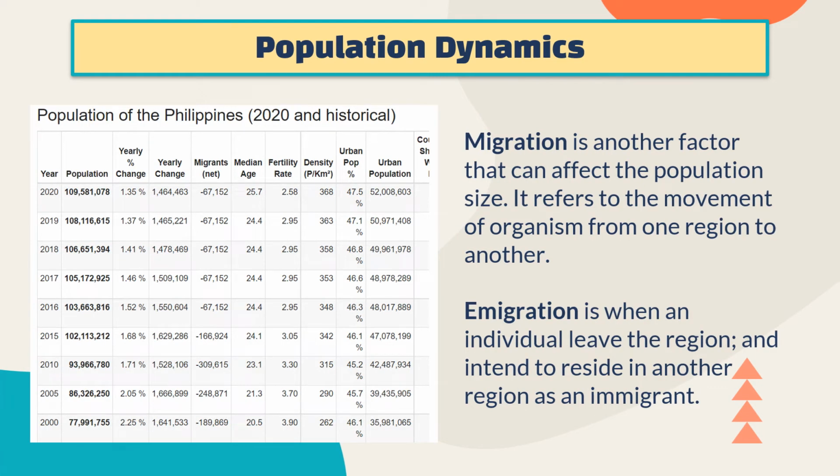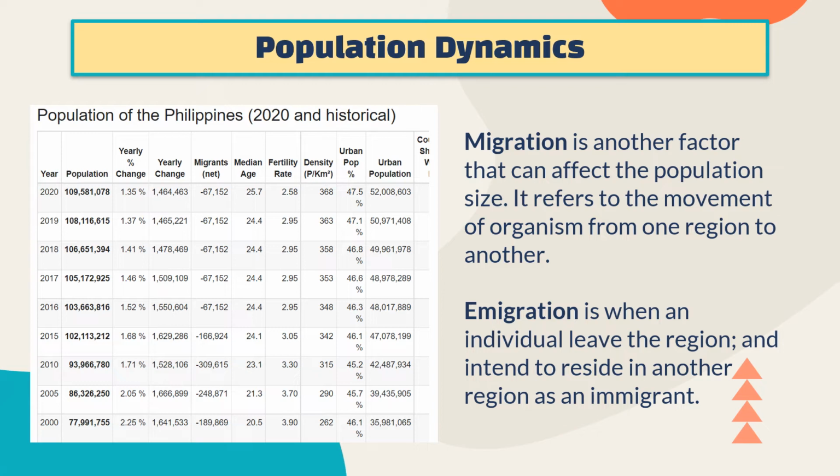We also have here migration and emigration. An individual should be able to survive and reproduce in the changing environment for complete and successful migration of animals in a new region. Some individuals do partial migration during winter as food resources become limited and competition increases.